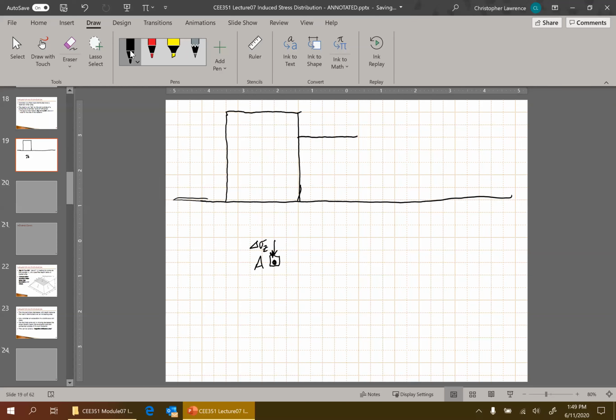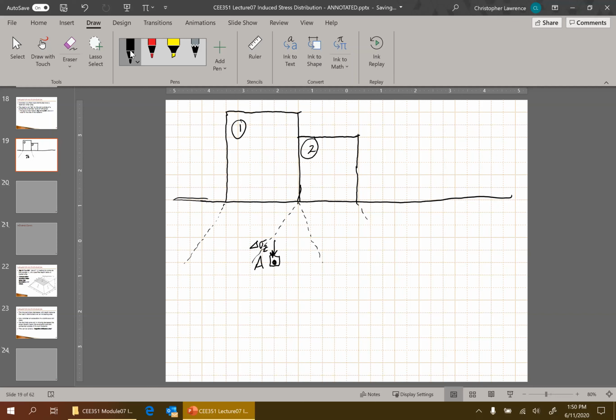And so close together that there's not even really any space between them. So, structure number 1 has some influence even outside of its own footprint. Structure number 2 also has some influence even outside of its own footprint.